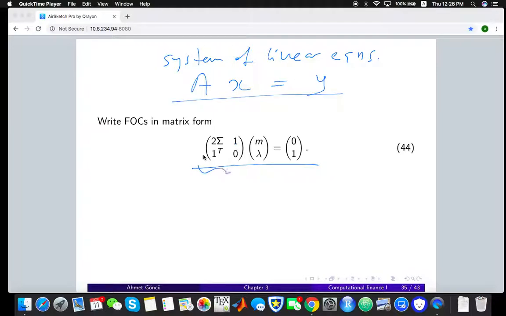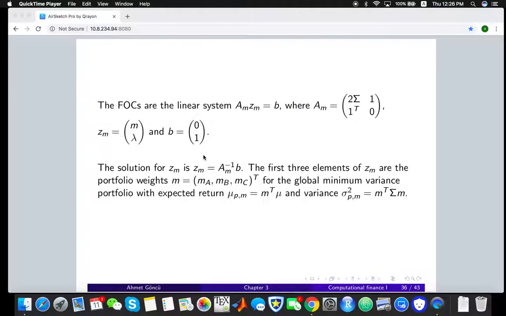So you can define this matrix as your A, this is the vector of unknowns, let's say x, and then you have the right hand side y. In order to solve this, if you want to apply Gaussian elimination, you can get x as A backslash y. This is using the Gaussian elimination technique.